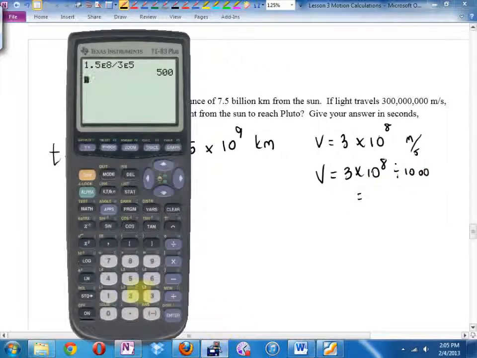So you need to go 3 times 10 to the power of 8 divided by 1,000. Find where your exponent button is. Those of you that borrowed a calculator from me, the exponent button I think is right above the equal sign, the divided by sign. Yes, it is. 300,000? Yep. 3 with 1, 2, 3, 4, 5 zeros.